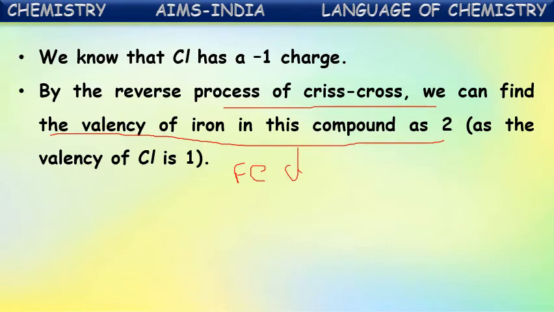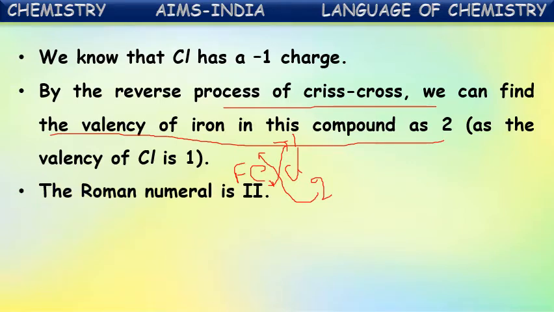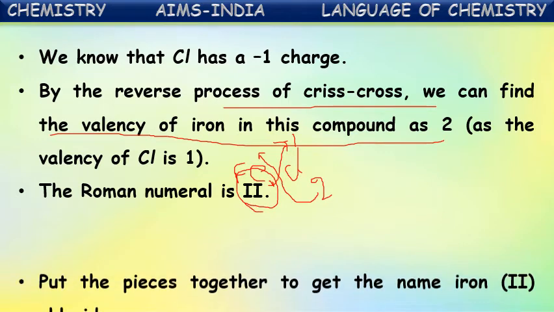We have to go for the reverse. Chlorine is -1, already we know that. Then reverse crisscross: this 2 comes here. And for Fe, nothing is written, meaning 1 is there, that 1 goes here. So Fe is showing 2 as its valency. So in the brackets, the Roman numeral is II. We have to write the Roman numeral II.